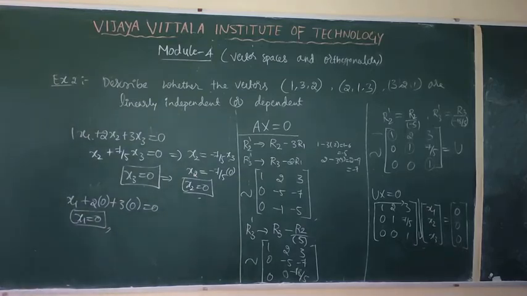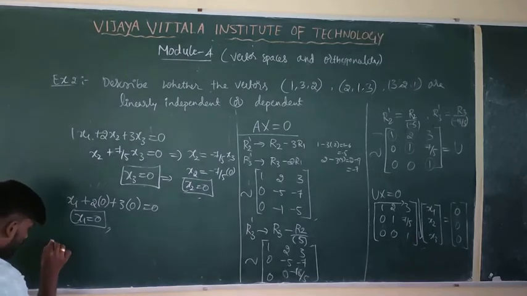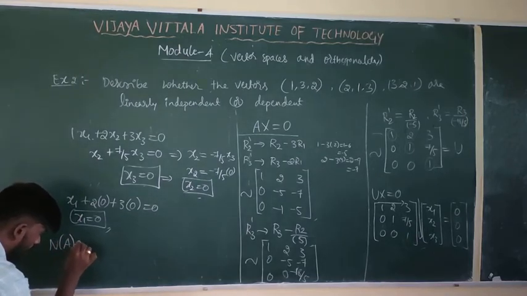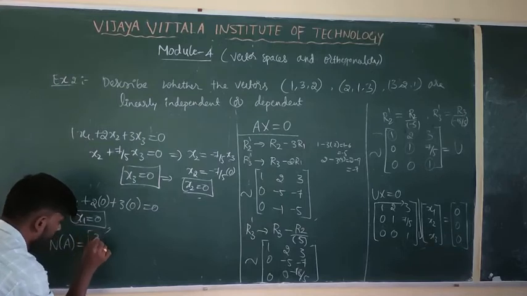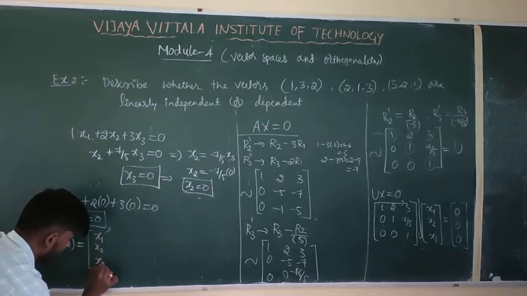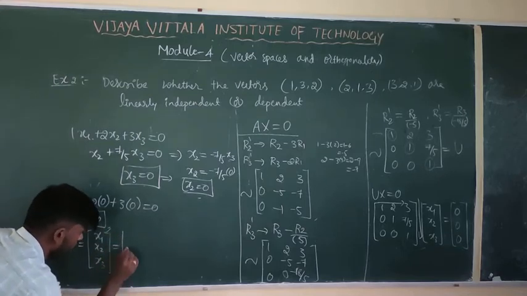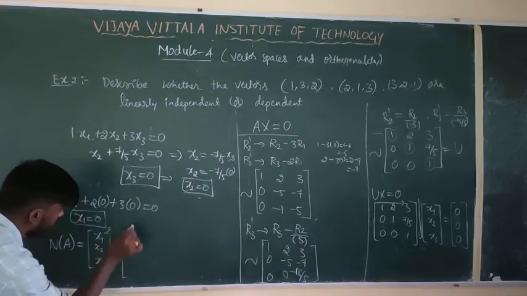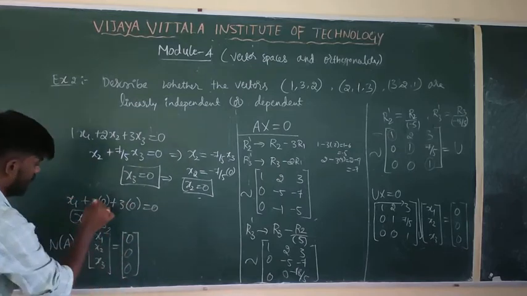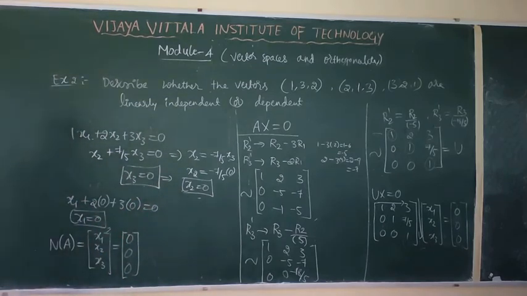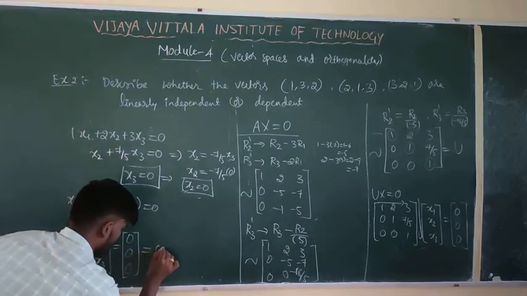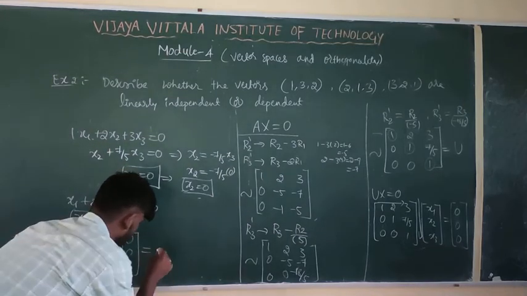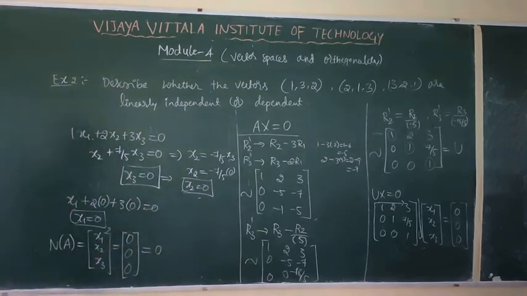Therefore, the null space N of A is x1, x2, x3, which is equal to 0, where x1 is 0, x2 is 0 and x3 is also 0. Therefore, the null space is a zero vector. What is vector 0? The vector containing all zero elements.